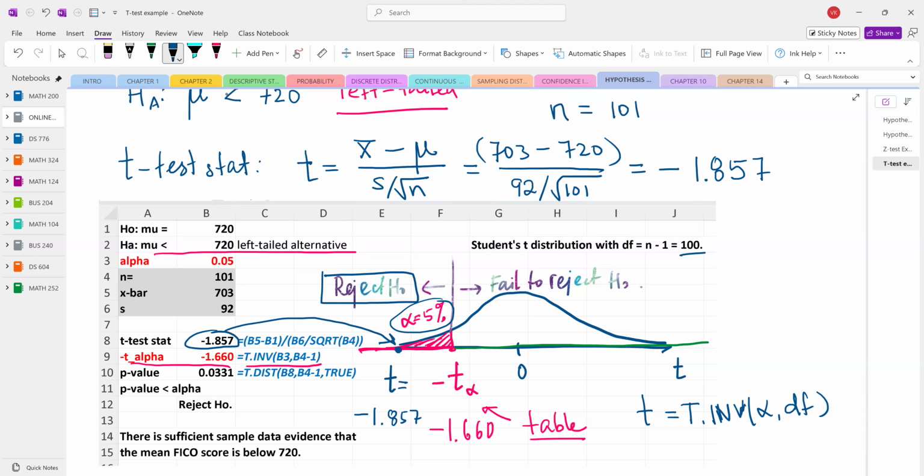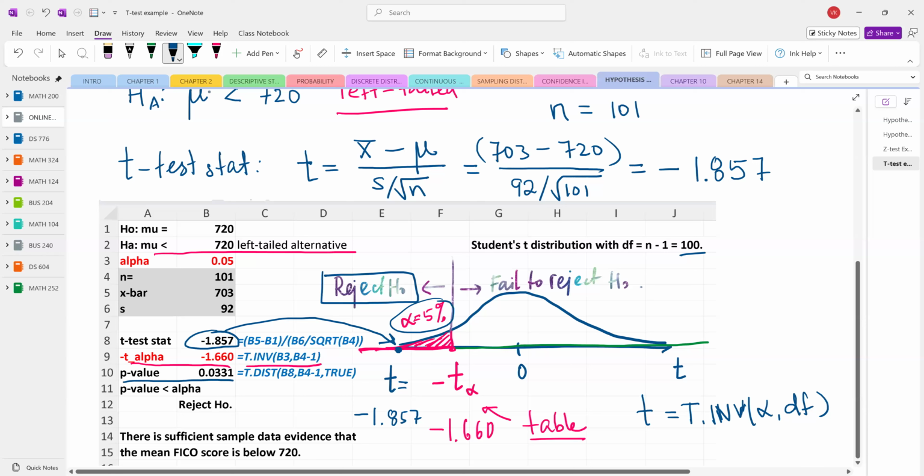Another way to make a decision in hypothesis testing is to use a p-value approach. Here we calculate the p-value. Using Excel, you use a t-distribution function. Once again, you supply the t-test statistic, and this is the degrees of freedom, n-1.